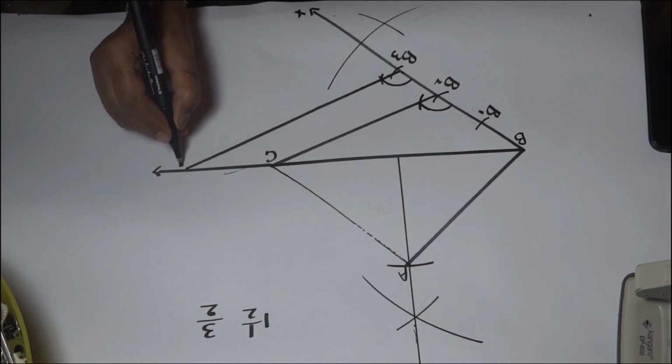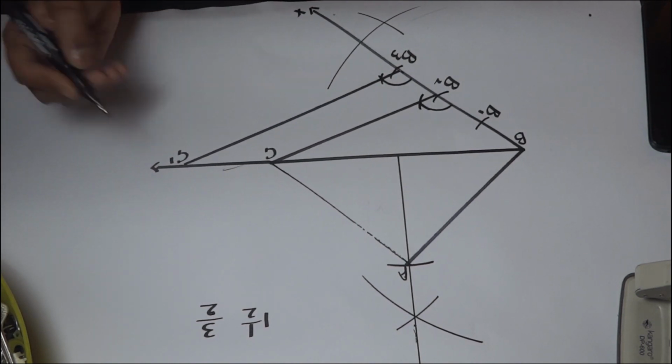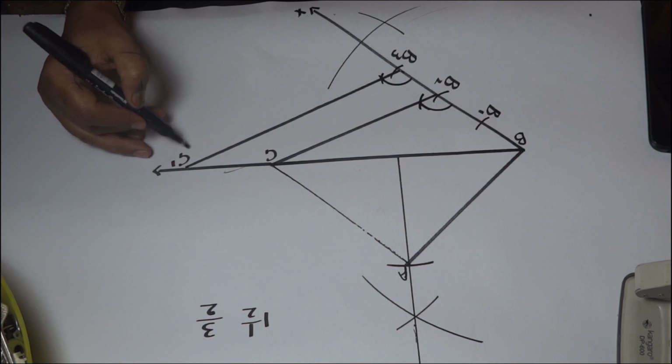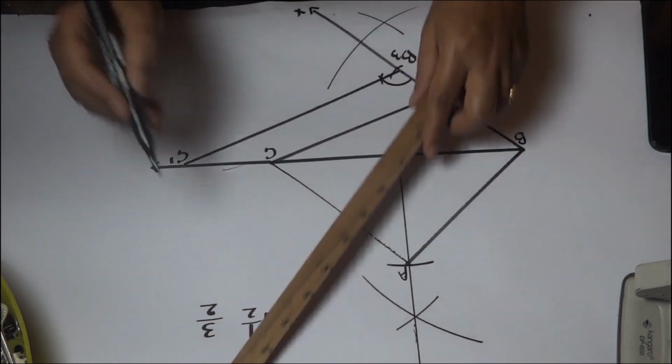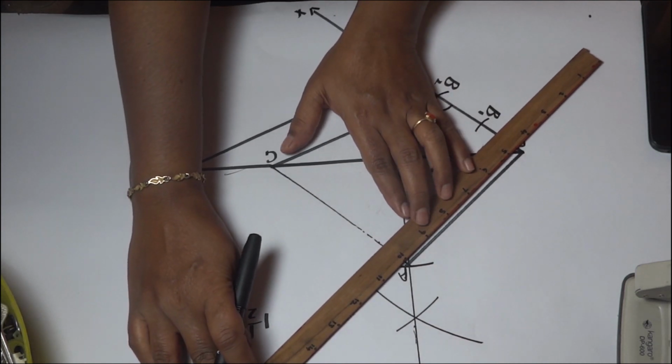Name this point as C dash. Now our point is to join this point C dash to extended part of AB. Let me extend this line AB.